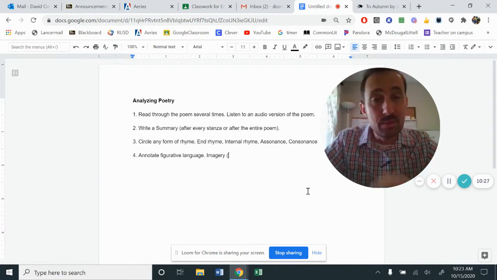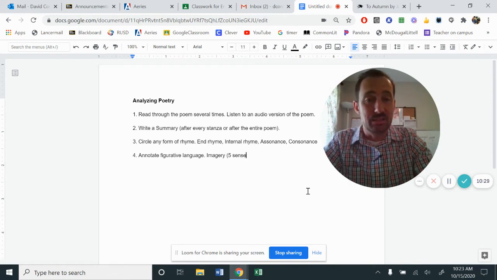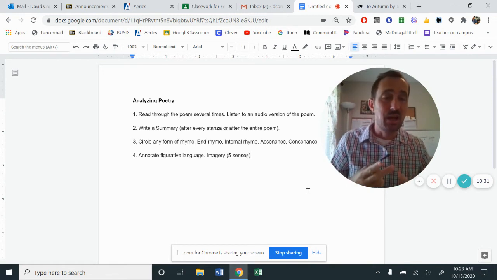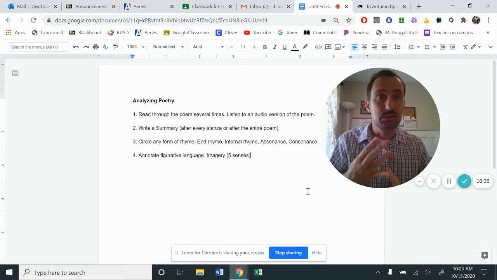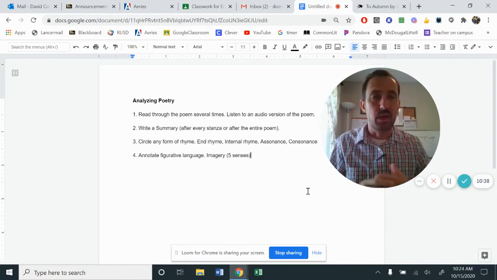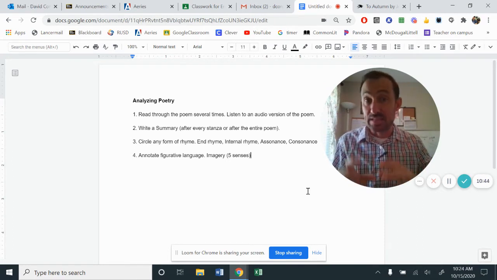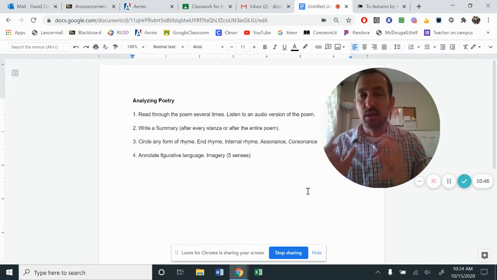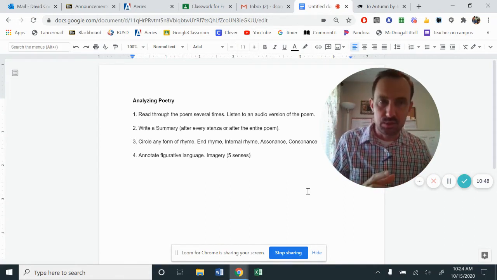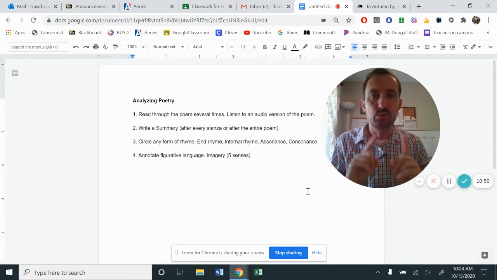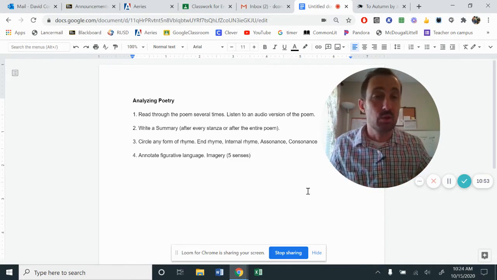Point that out right now. Imagery deals with the 5 senses. Okay, taste, touch, smell, sight, and sound. Okay, you pick up on those 5 senses based upon the things that are said. So they create an image, but imagery is not the image that's projected. So understand the difference. You use the 5 senses to convey that image.